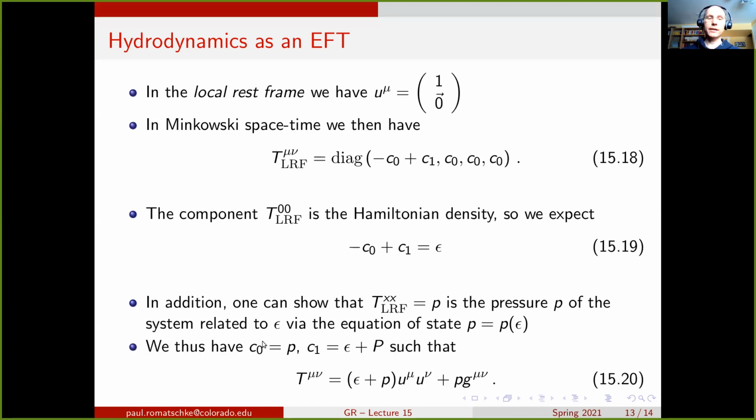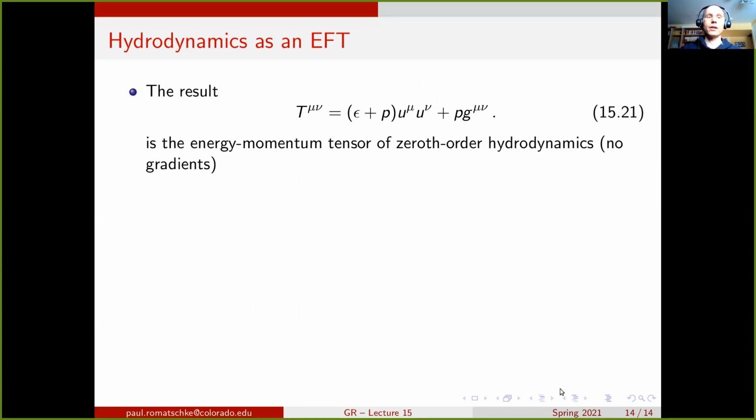So using this, we have that C0 is just P, C1 is just, from this relation, epsilon plus P, so that we find that the energy momentum tensor is uniquely specified in terms of the following structure, equation 15.20. Okay, so this is our energy momentum tensor, the zeroth order ingredients, also zeroth order hydrodynamics, that's the same thing.